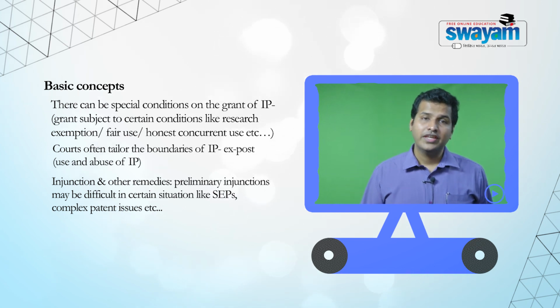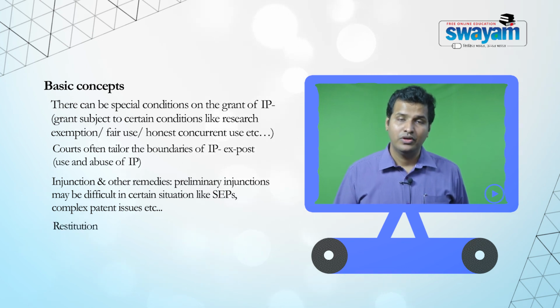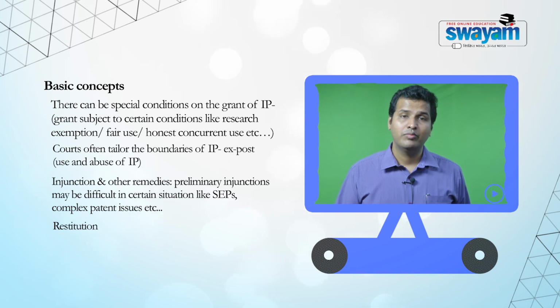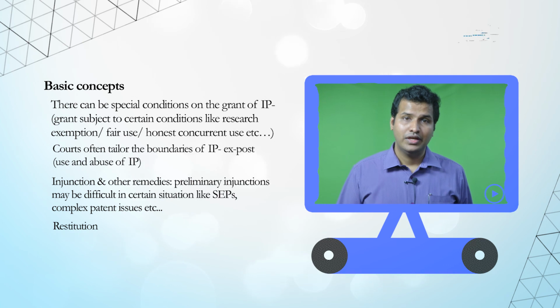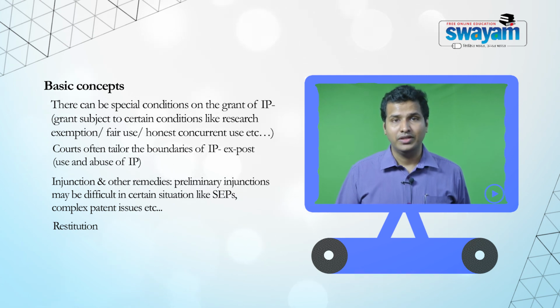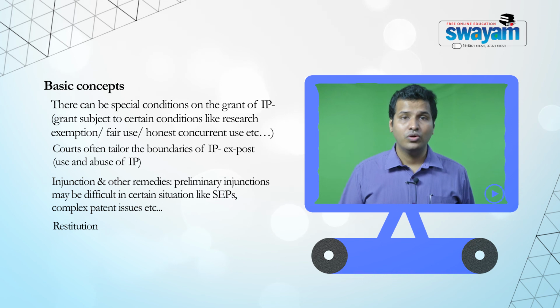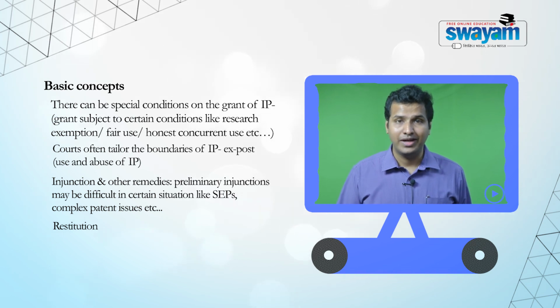Finally, in the case of property rights, restitution is usually allowed. Restitution means that the defendant shall be put in the position which he actually had at the time when the wrongful action began. But in the case of intellectual property, suppose a patent is granted by the patent office, and after several years it is challenged in the court of law and the court declares it an invalid patent.